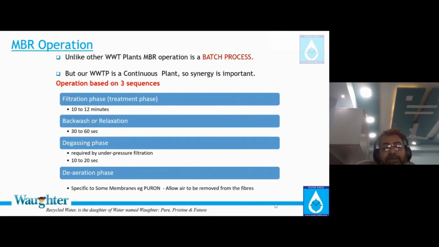Then you have a degasification phase, which is required by under-pressure filtration. You must degasify in some areas in your engineering designs, 10 to 20 seconds. And there could be a de-aeration phase, which is very specific to some membranes. For example, Puron, they allow air to be removed from the fibers itself.